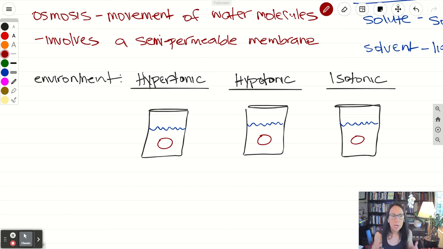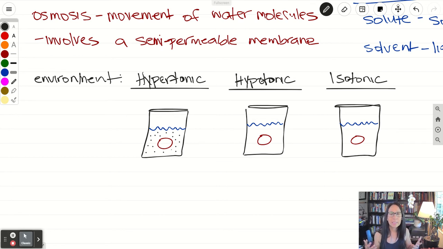Okay, and in a hypertonic solution, hyper means a lot. Okay, hypo means not a lot, and iso means even. But in a hypertonic solution, there is a ton of solute in the solution. Okay, more solute, and I'm just going to use the word salt, but you could also think of sugar.